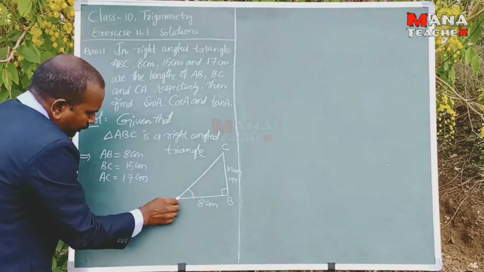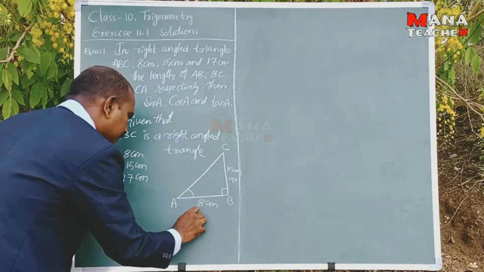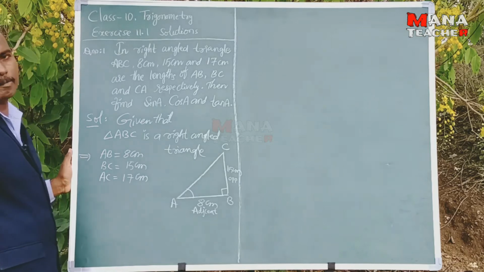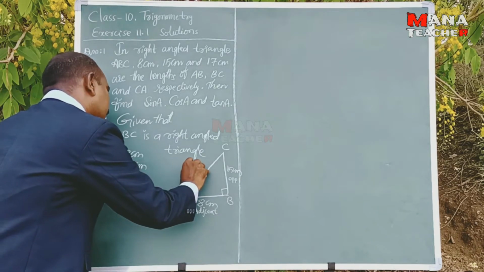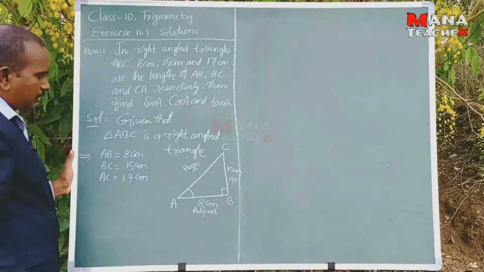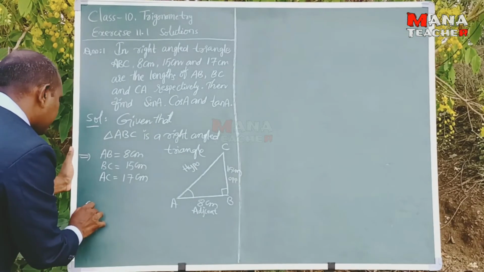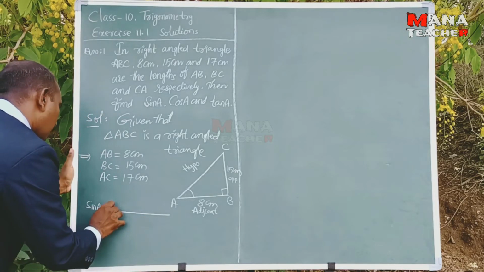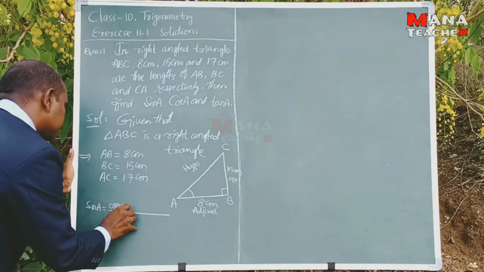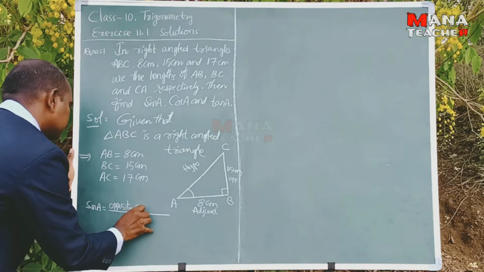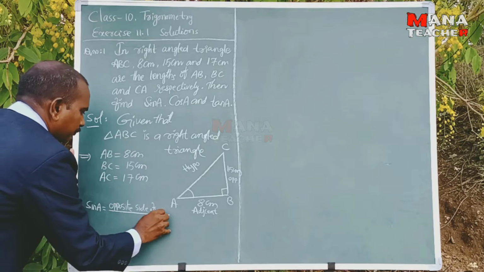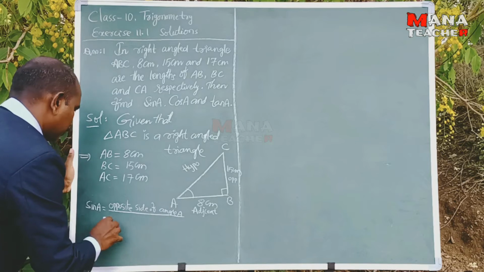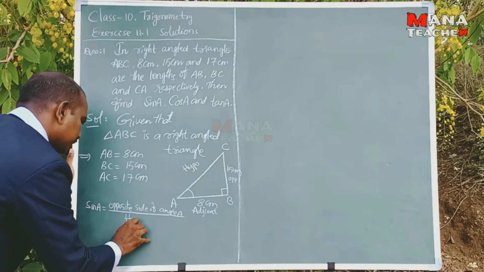AB is the adjacent side of angle A. So AC is the hypotenuse. Now sin A equals opposite side of angle A by hypotenuse.